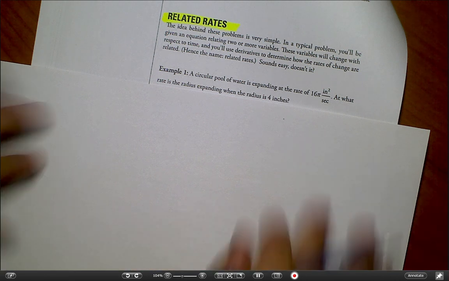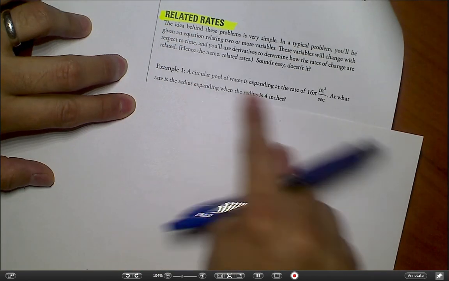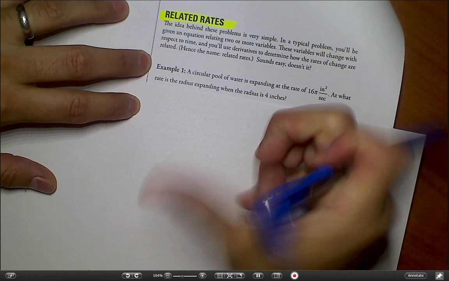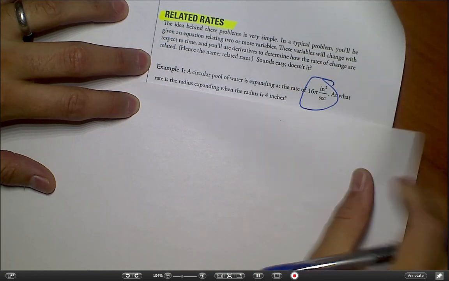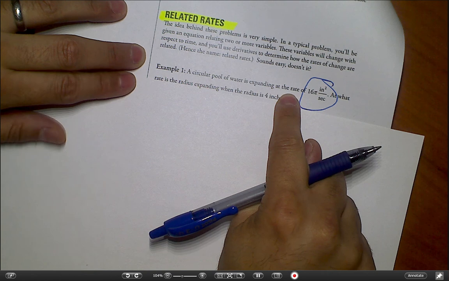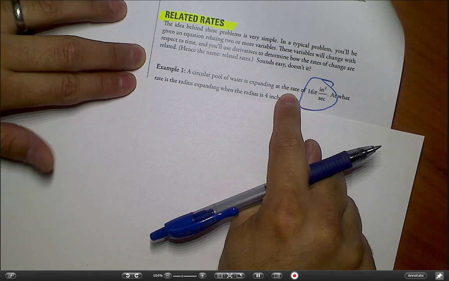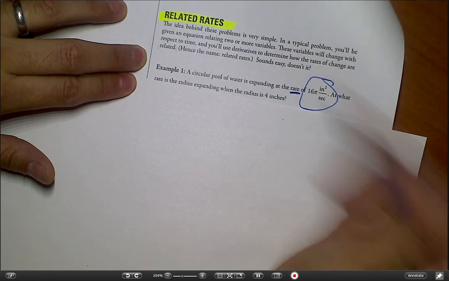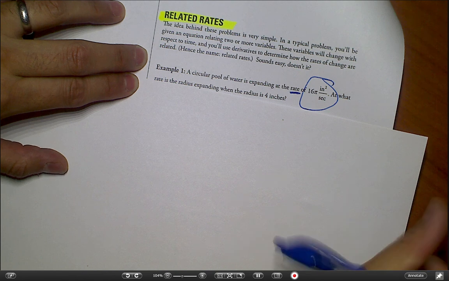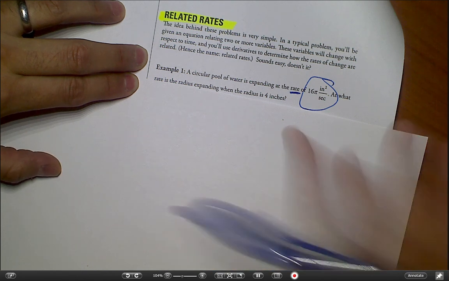That's my big point. All right, a circular pond of water is expanding at a rate of this. So now it's a rate, isn't it? Say yes. If it's a rate, I know that is going to be a derivative. That is going to be important to understand later.